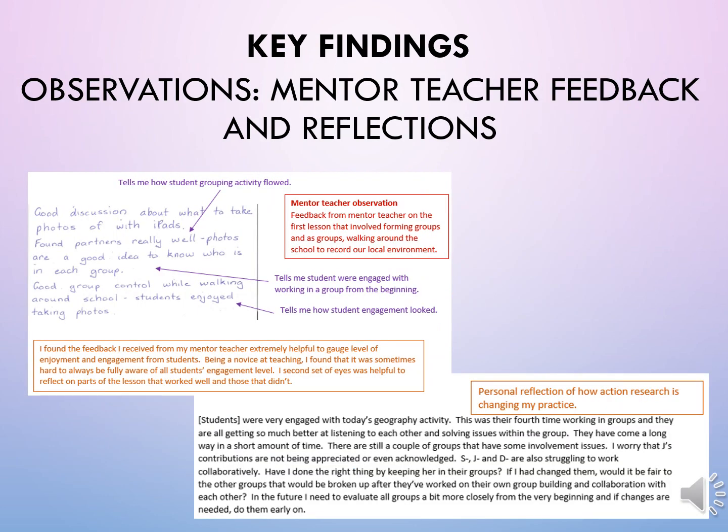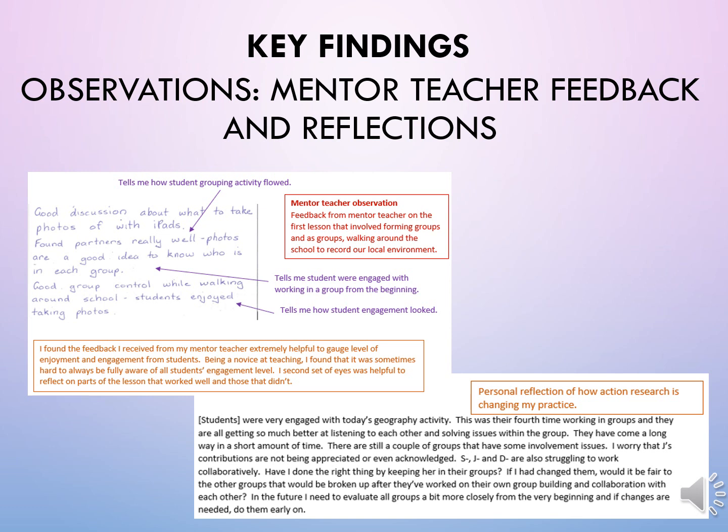Key findings, observations, mentor-teacher feedback, and reflections. I'm using two forms of observation methods in my action research. Observations from my mentor teacher, a third party, and my observations of the class as they worked independently.